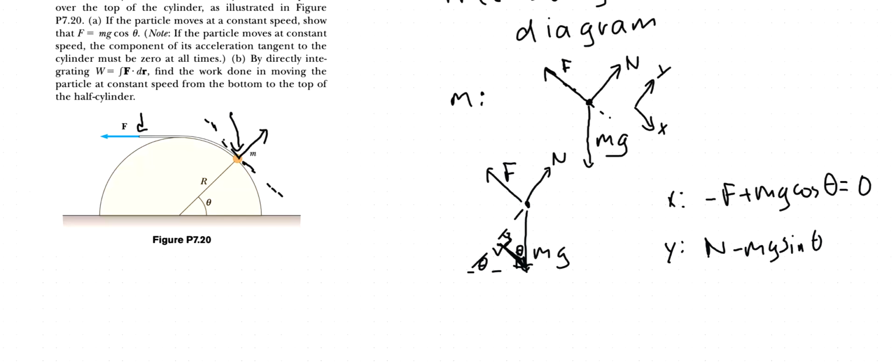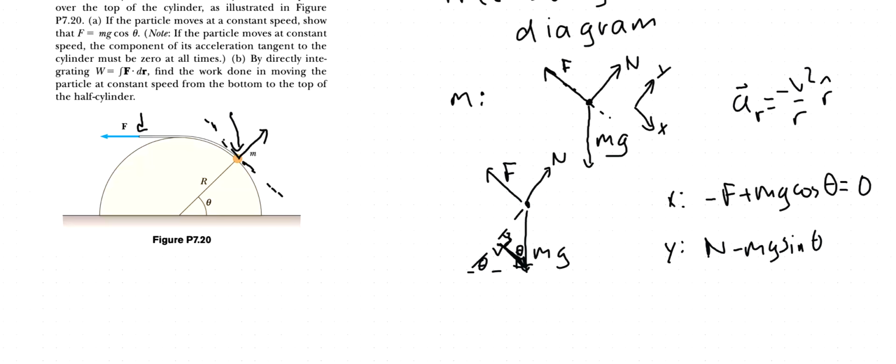theta. Okay, and you have an acceleration, the centripetal acceleration. So the radial acceleration in this case is always v squared over r. Actually, it would be minus if you wrote it in a vector form.